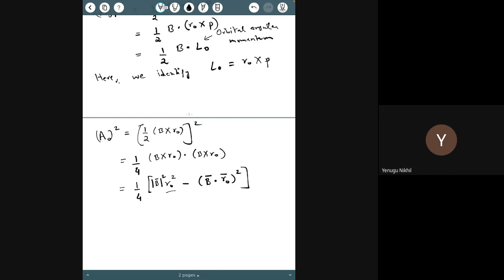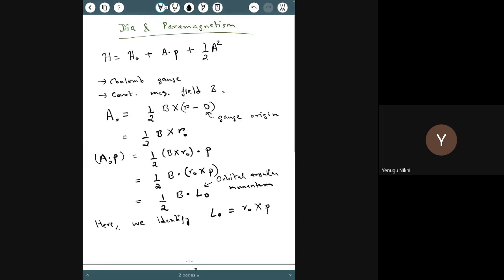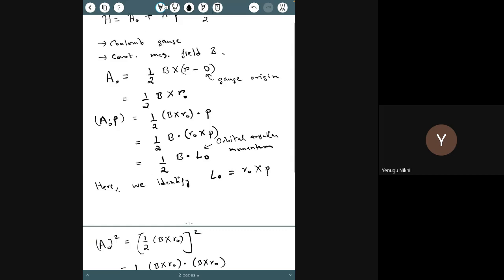This A0 squared interaction is related to the size of the electron cloud. It's an interaction of the full charge cloud with the field. And it's an A squared term, so it's always positive. In the Hamiltonian it's plus half A squared, so it will raise the energy of the system. This is what is identified as the diamagnetic term.